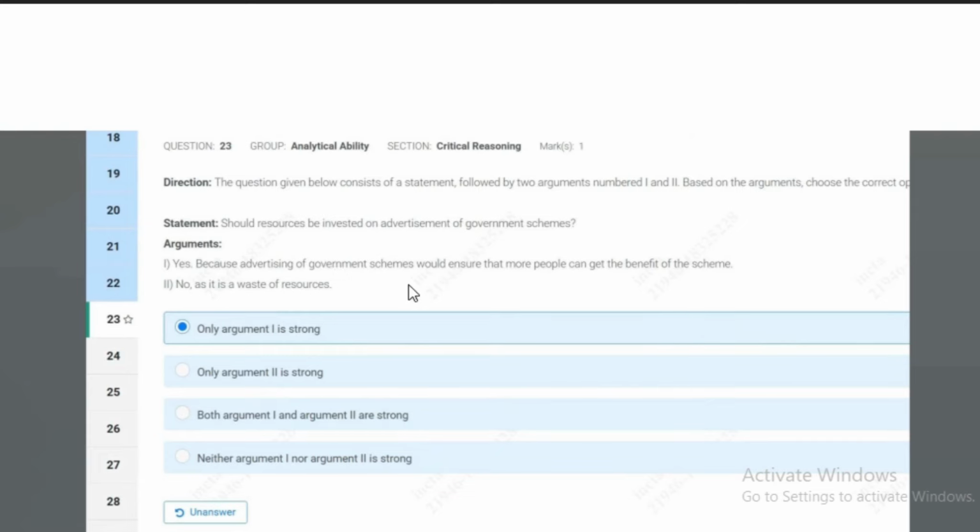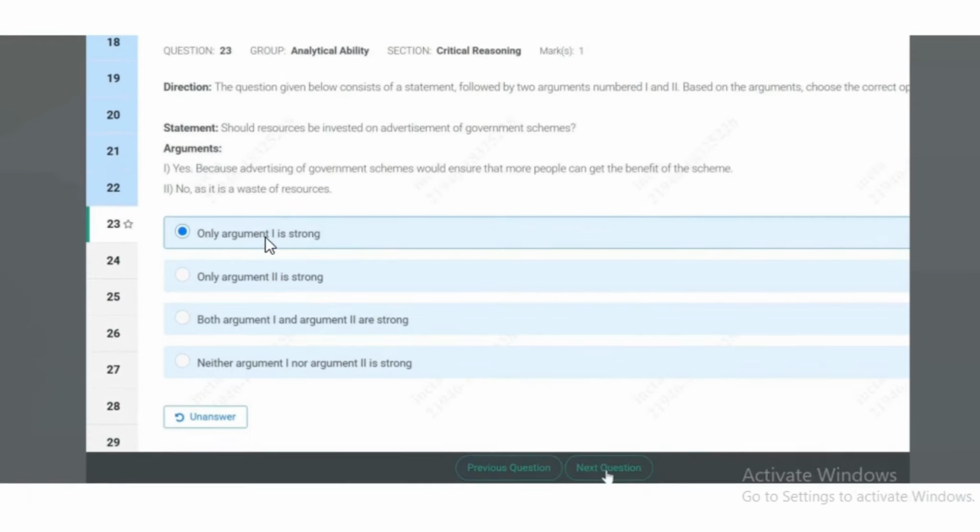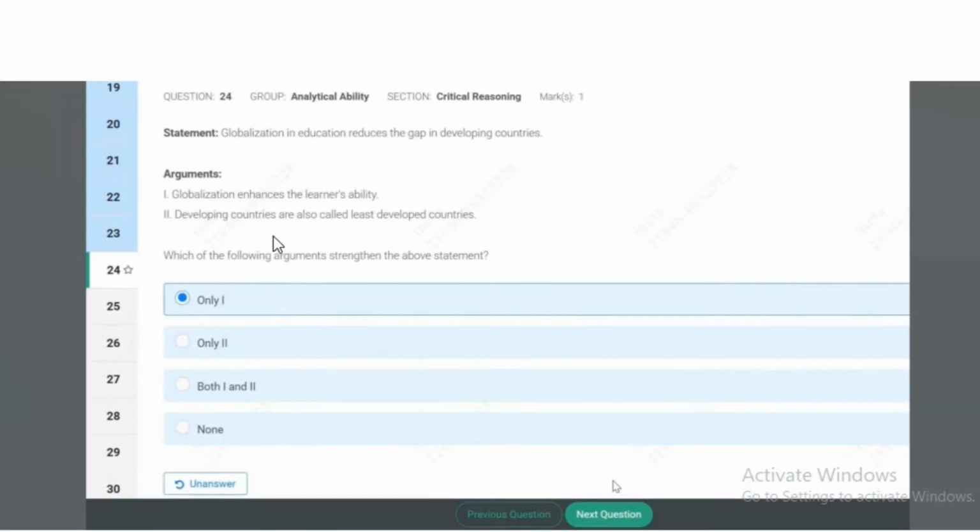Arguments: Yes, because advertisement of government schemes would ensure that more people can get the benefit of the scheme. No, as it is a waste of resources. Here the first one follows the statement, so the answer is only 1.